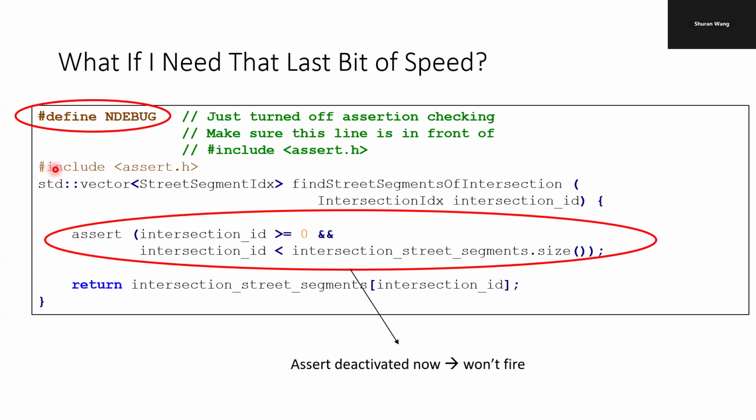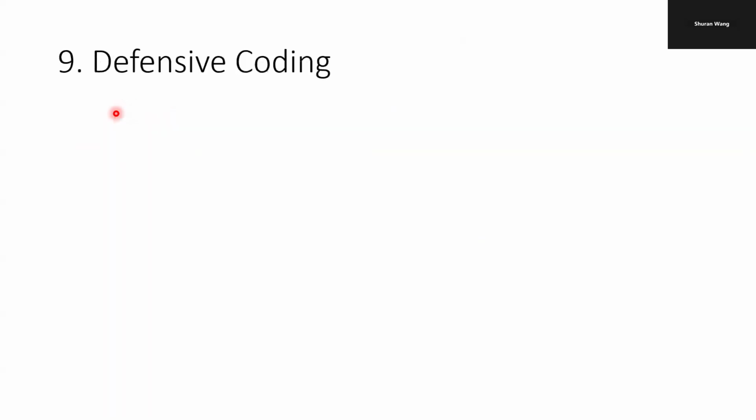And before include assert.h, you can add in this flag here called NDEBUG. This will turn off all of the assertion checkings, and this will make your program run slightly faster, because assertion also takes time. Only do this right before submitting or right before running the auto testers. Any questions for assertions?